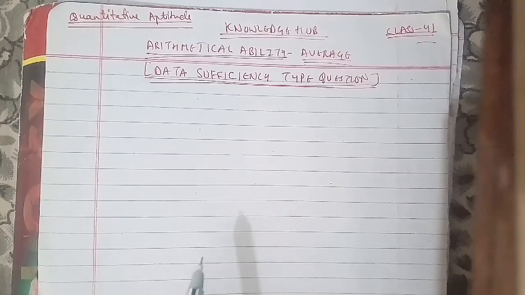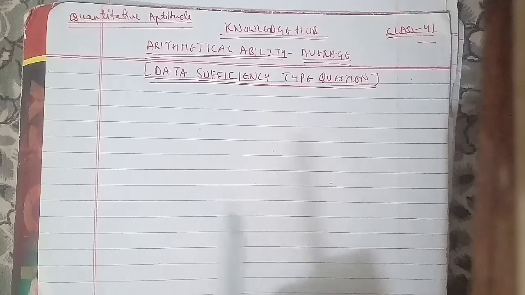You have to decide whether the data provided in the statements is or are sufficient to answer the given question. Choose A if the data in statement 1 alone are sufficient to answer the question, while the data in statement 2 alone are not sufficient.